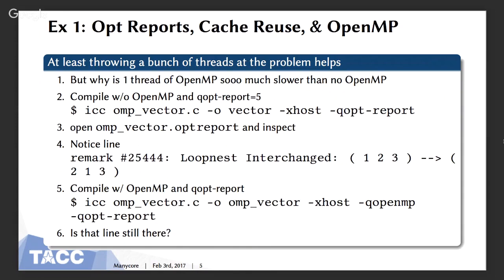If the interchangeable loops are the outer two loops and you do a collapse, then OpenMP can do that, and that's way better. So if your outer loop iteration is 50 and your inner iteration is 50, when you collapse, you have 2,500 loop iterations, and then you can use more threads.